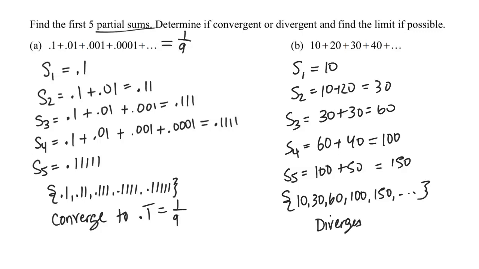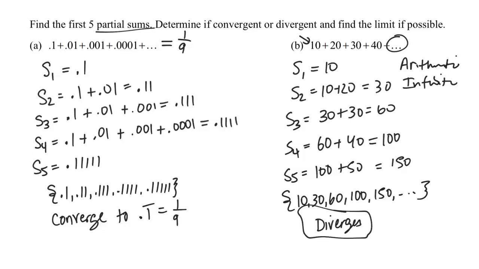And so that should make a little bit of sense, I hope, because if you look back at the original series, this is an arithmetic series, but even more specifically, it is an infinite arithmetic series because of the plus dot dot dot here. It just keeps going on and on and on and on. And so remember from the previous slide, we said that all infinite arithmetic series diverge, and that's exactly what we were able to see through the first 5 partial sums.